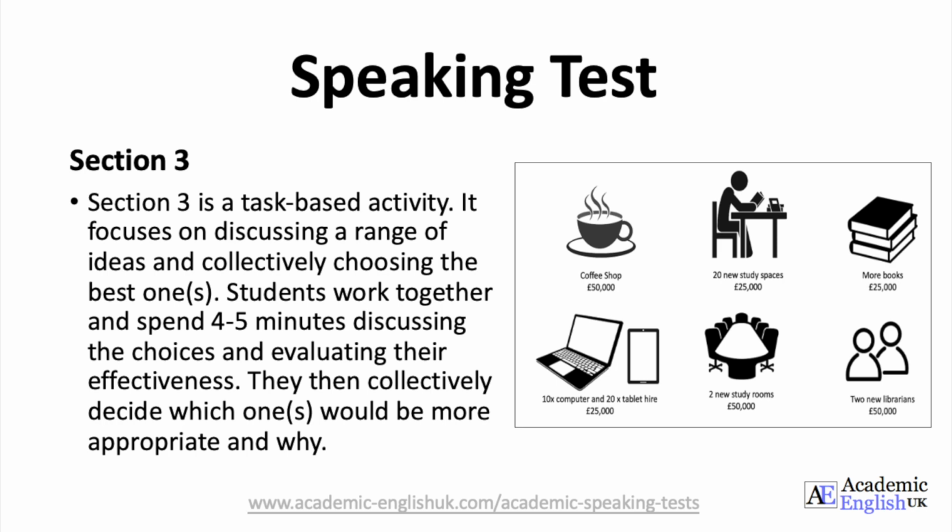Section 3. Section 3 is a task-based activity. It focuses on discussing a range of ideas and collectively choosing the best one or ones. Students work together and spend 4 to 5 minutes discussing the choices and evaluating their effectiveness. They then collectively decide which one or ones would be more appropriate and why.